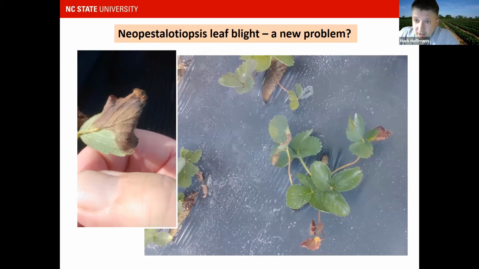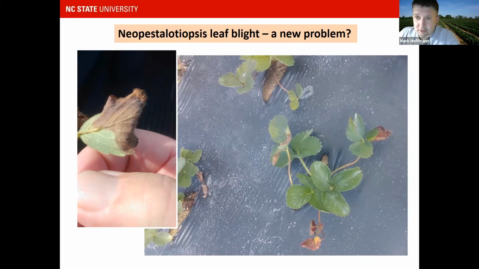And originally it was found in Florida in fruiting fields coming through planting material, which is grown here in North Carolina, and in Florida it was observed on leaves and on fruit. Now you have to understand that in Florida, the production cycle is very different. They usually fruit the plants directly. They don't go through a winter.